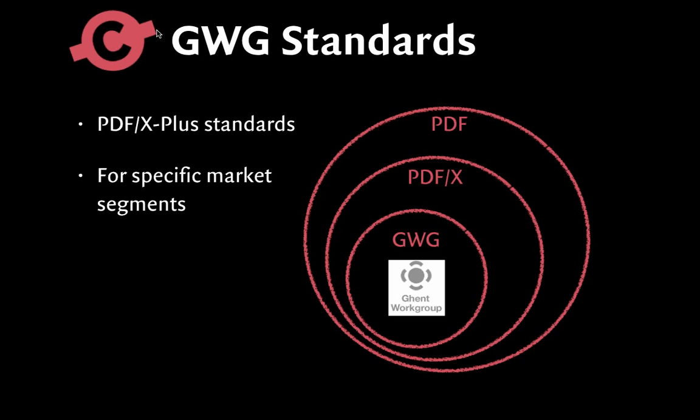You have large format, you have packaging, you have commercial work, people send advertisements, and in all of these different verticals, you have different requirements for PDF files. So only checking for pdfX1a will give you a more reliable document, but it still doesn't tell you whether that document is suitable for that particular vertical.